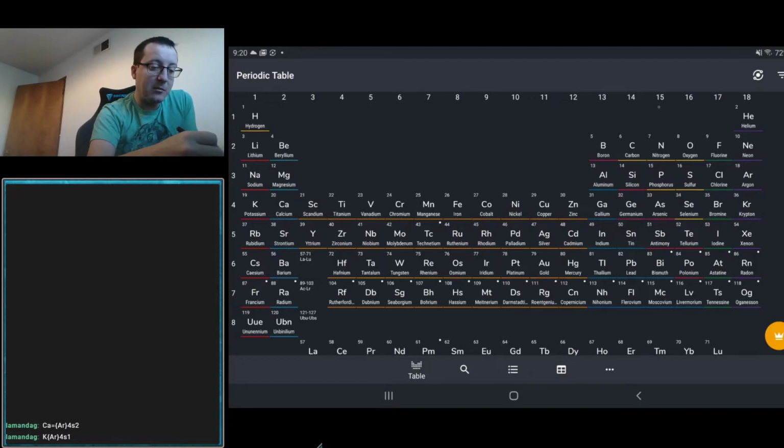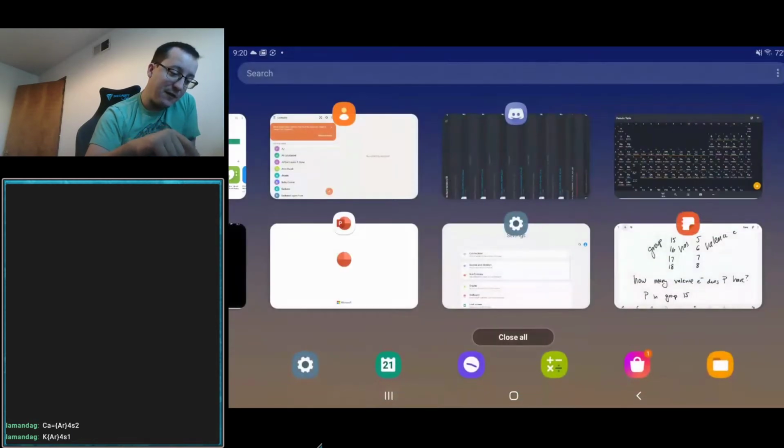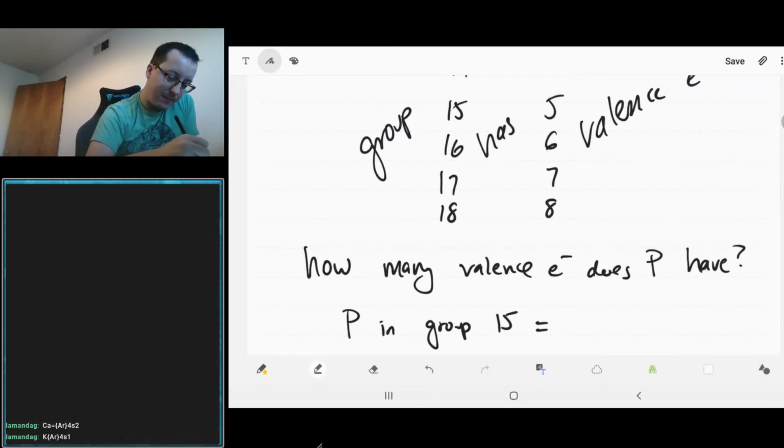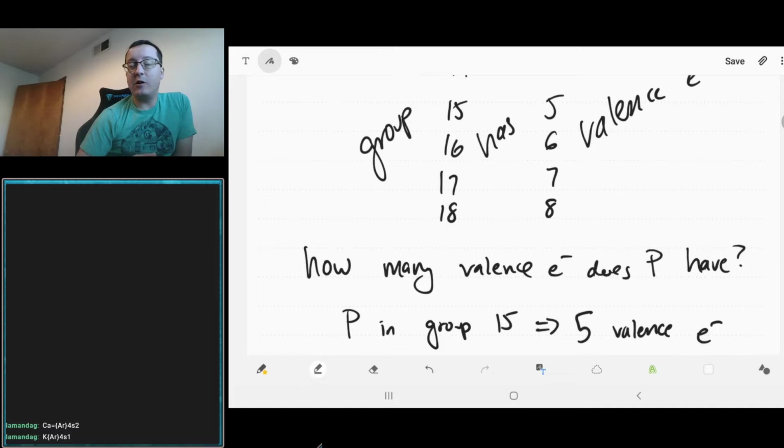That's in group 15, which is going to tell us that phosphorus has 5 valence electrons. So all you have to do to find out how many valence electrons something has is to just go ahead and find it on the periodic table, see which group it is, and that will give you the answer.